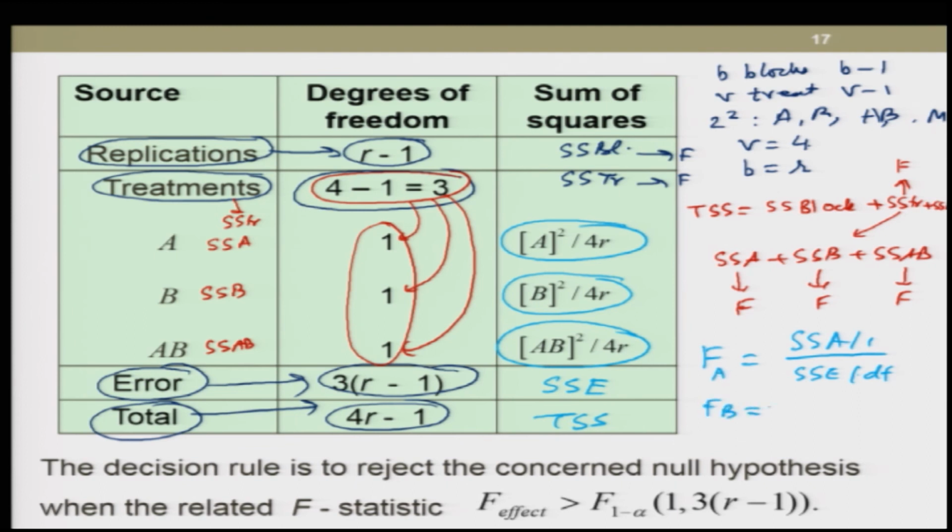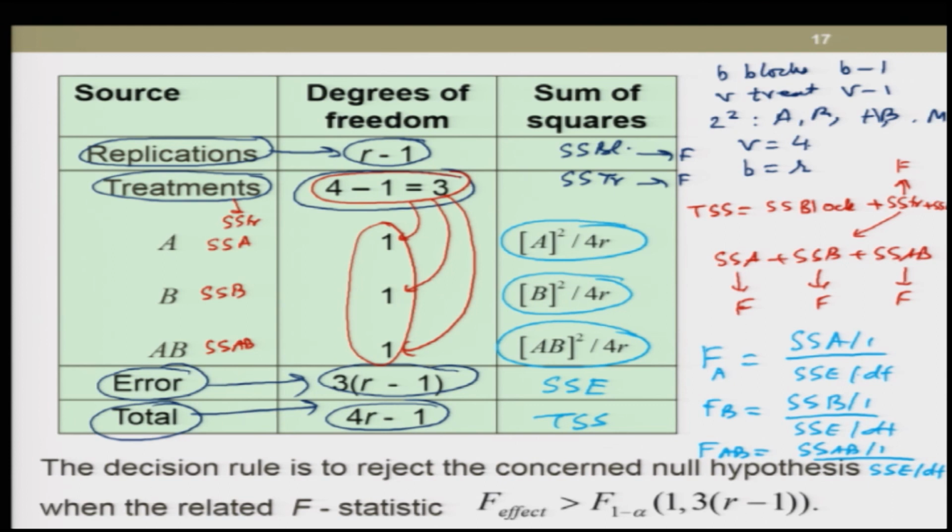Similarly, you can define the F statistics for B, that is SSB divided by its degrees of freedom over SSE divided by its degrees of freedom, and FAB, which is equal to SSAB divided by degrees of freedom 1 over SSE divided by its degrees of freedom. So, this degree of freedom here is 3 times R minus 1.